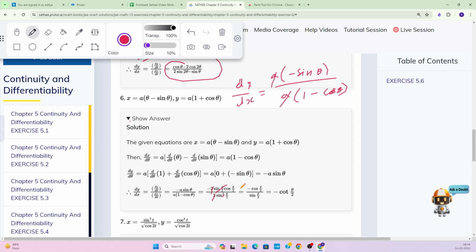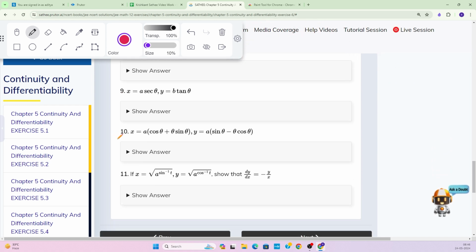You are only left with minus cos theta by 2 over sin theta by 2. This is nothing but minus cot theta by 2. Clear? I hope that it is clear. Let us move to the next problem.